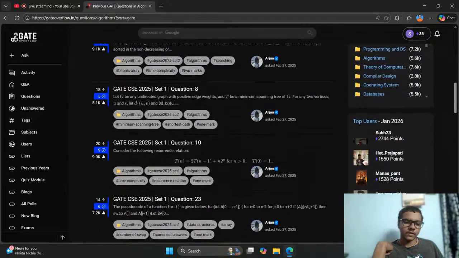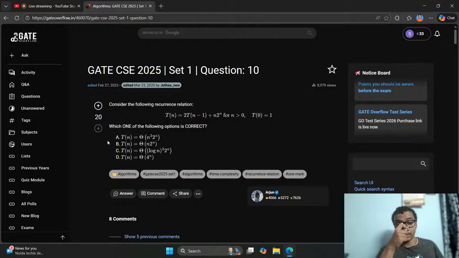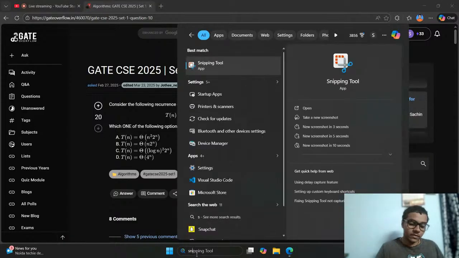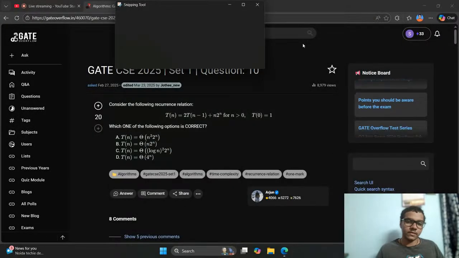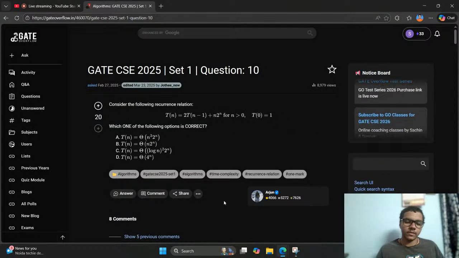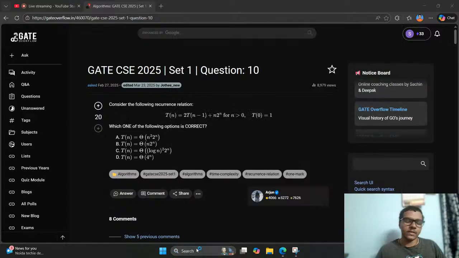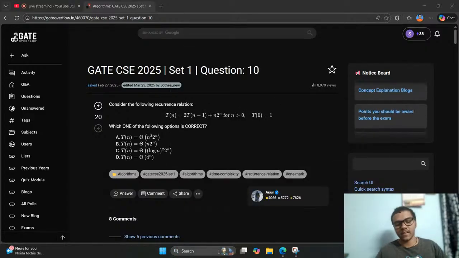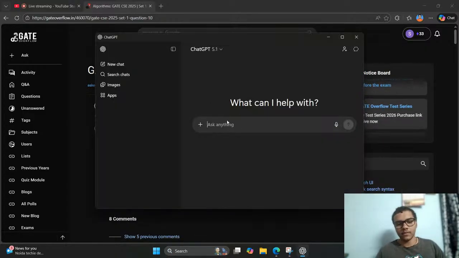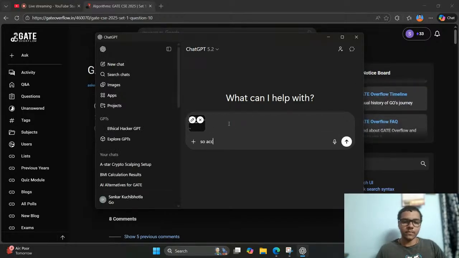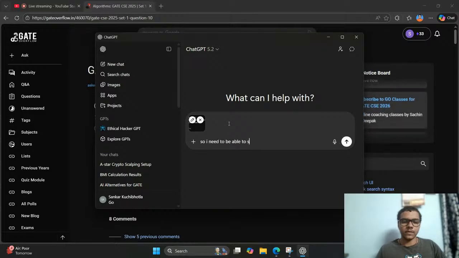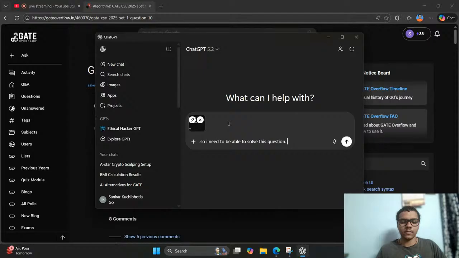So we need to learn recurrence relations. What we will do is, this Copilot is kind of less intelligent, so we will take a screenshot of this question, copy it, and go to ChatGPT. I need to be able to solve this question.